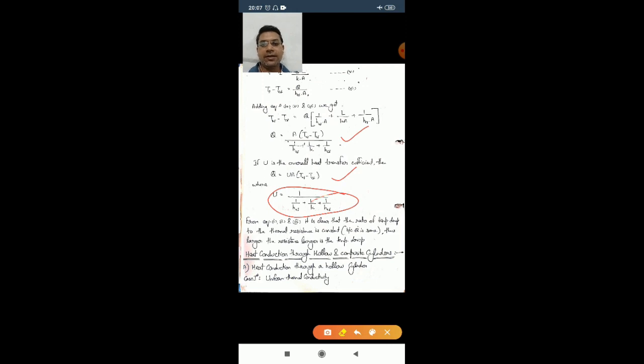Now you can see what the overall heat transfer coefficient means. It is the heat transfer from fluid to fluid with a metal surface in between them. So now it is clear that the ratio of temperature drop to the thermal resistance is constant because Q is constant. Thus, the larger the resistance, the larger is the temperature drop.